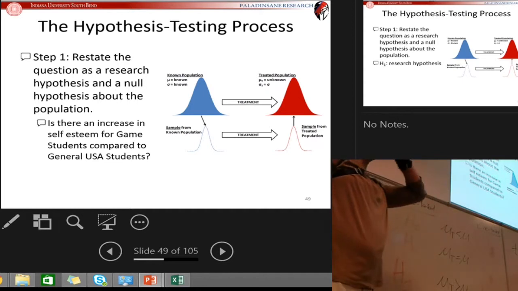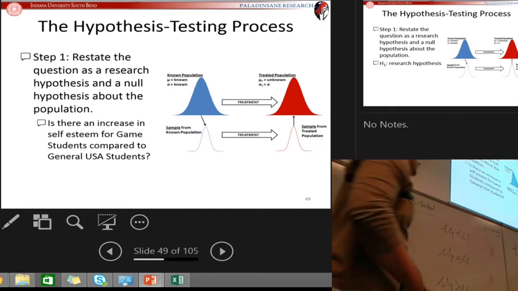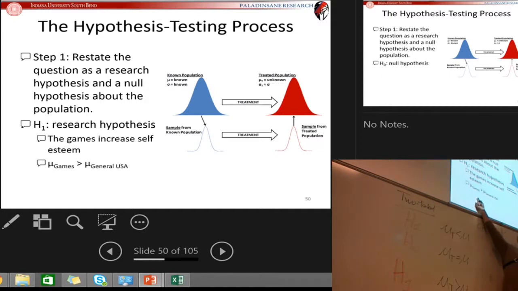For a one-tailed test, it's easiest to do your research hypothesis first. So we want to know, do the games increase self-esteem? And we can write that out as the mean self-esteem for the games population is greater than the mean self-esteem for the general population.